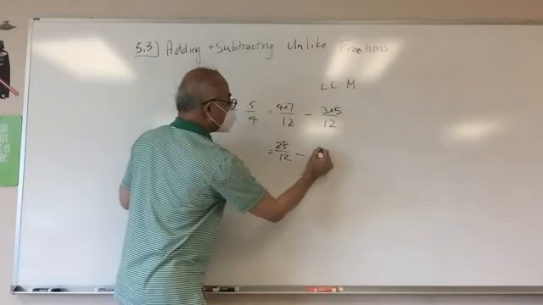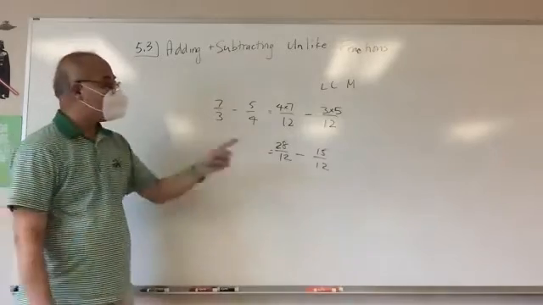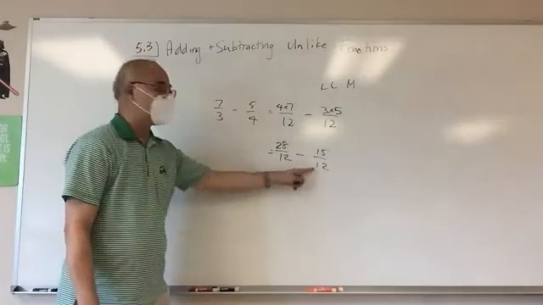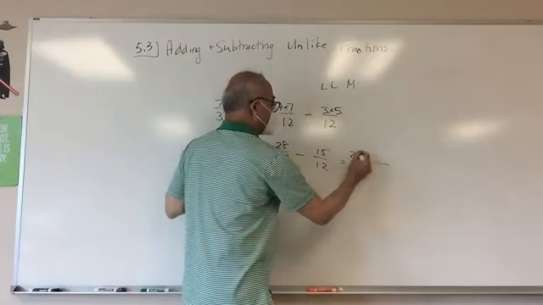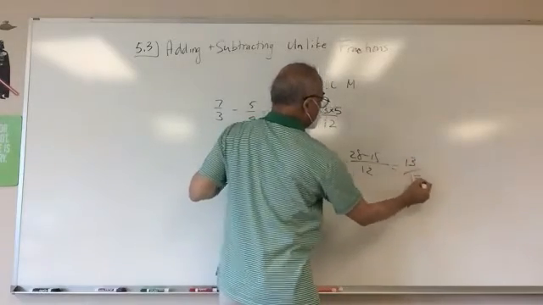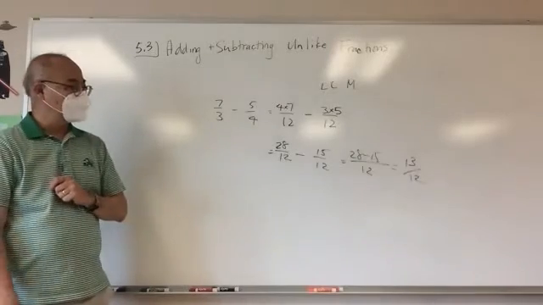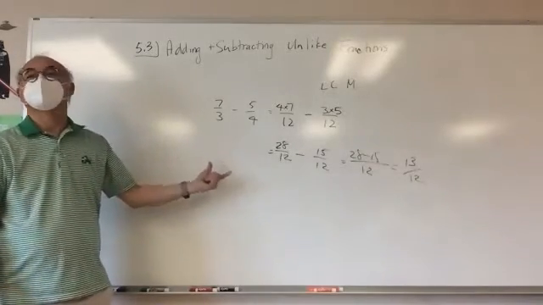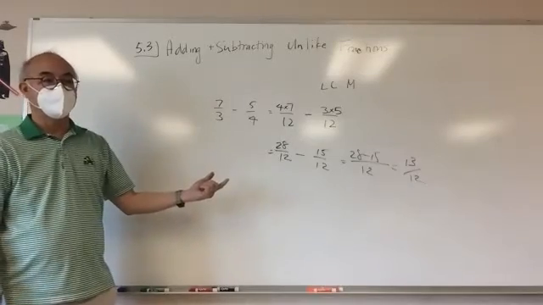Over here, I'm going to have 15. Now I have common denominators, so it becomes easy. Because it's all 12s here, I have 28 minus 15, 13 over 12. And this is really it. This is it for the day. If you understood this, you understand what we need to do today.